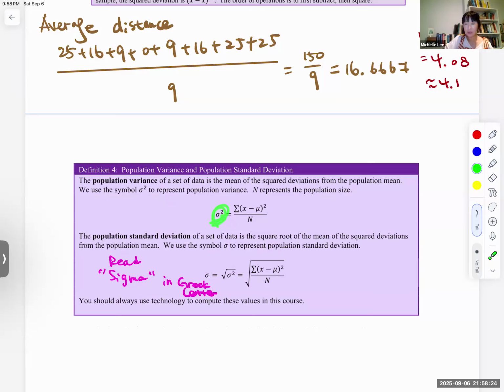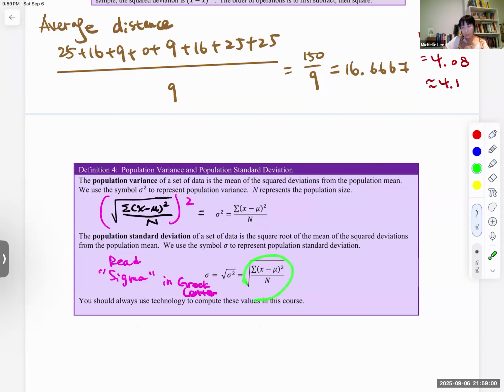From the population standard deviation, we square them. No, let me write down. So we square them: we have the square root of the summation of x minus mu squared over n, and we square it. Then we don't have a square root there, right? That's how they got it here. Make sense?